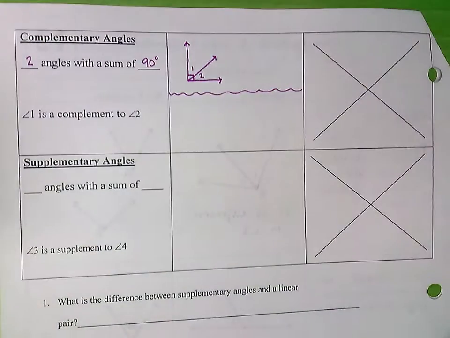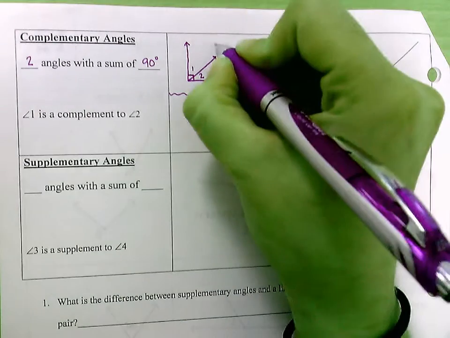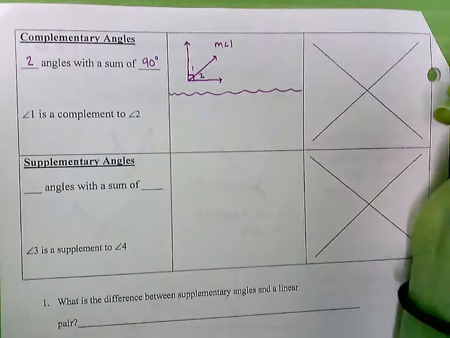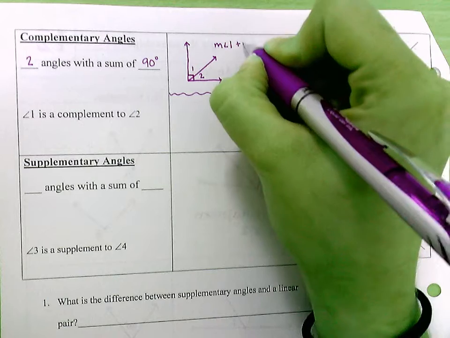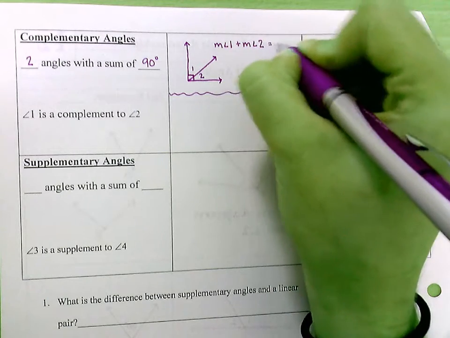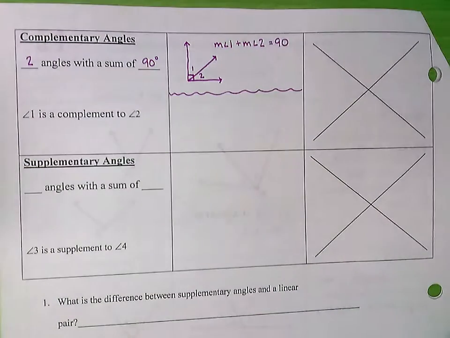I'm going to label them 1 and 2. So if I took the measure of angle 1 and added the measure of angle 2, it would give me 90 degrees. Those would be complements of each other.